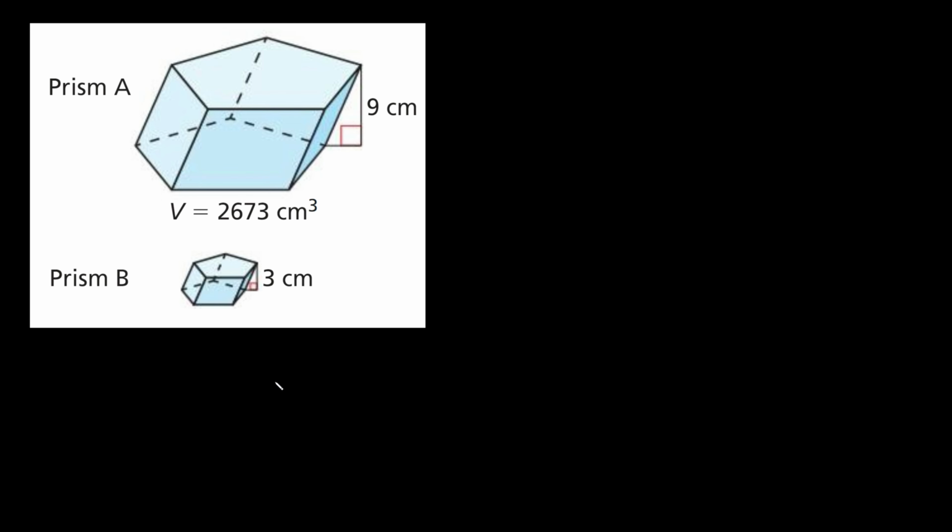Okay, so again, the first thing you want to do is find your scale factor, which is k. And the way that you do that is, again, just comparing two similar dimensions. So the two similar dimensions that we can compare here are the heights. So we have the height of prism A and the height of prism B. So let's write that in.